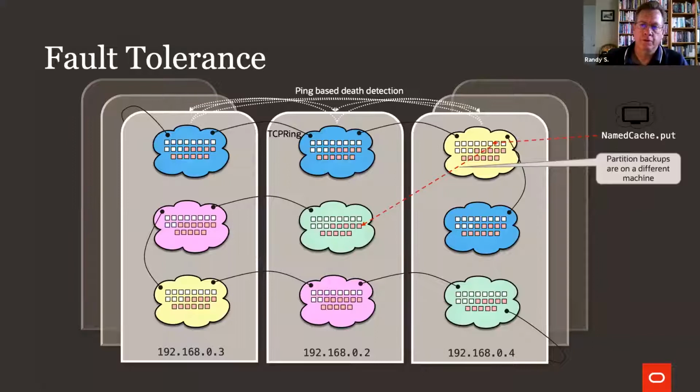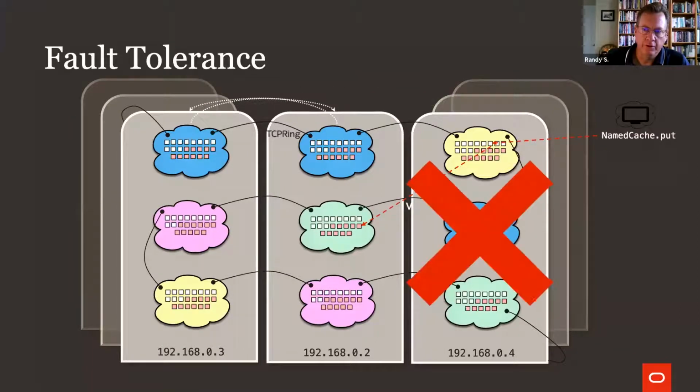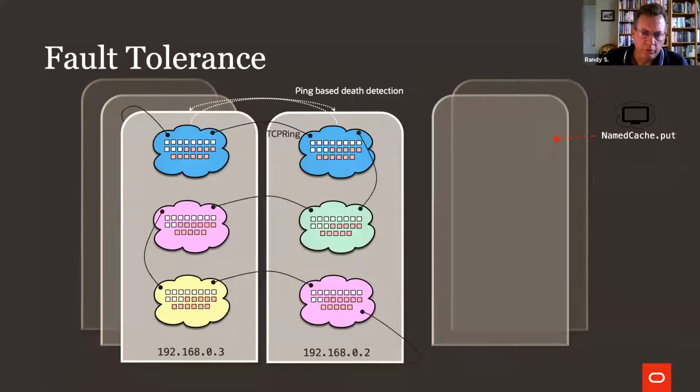So if we detect the death of a single process or even an entire machine, we know we have operations in flight like puts and gets and queries. So our ping-based death detection will determine that the machine is dead, and we will reform the TCP ring mesh amongst the surviving cluster members.